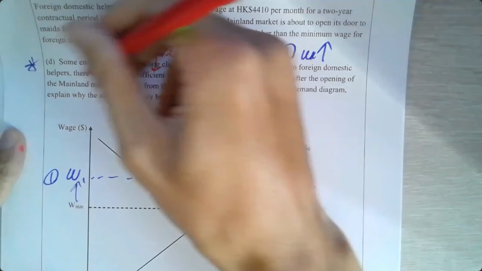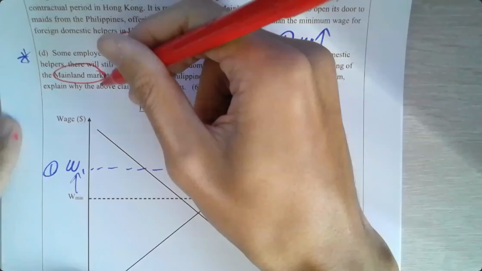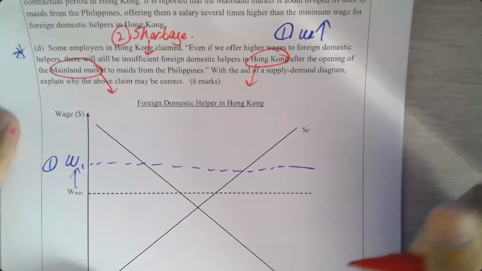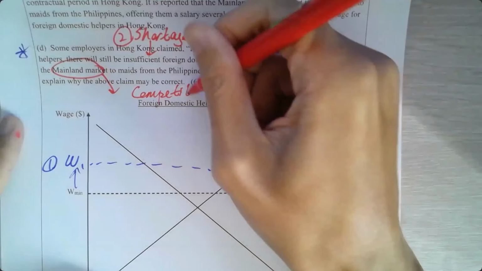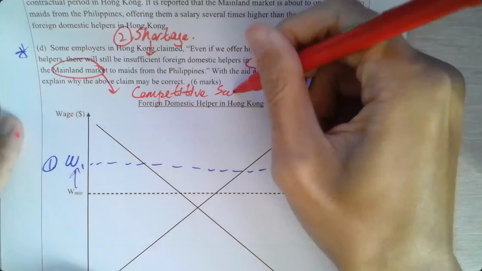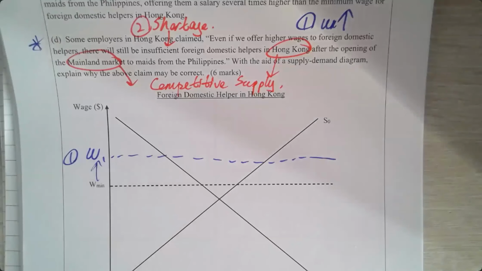Yes. Remember, the mainland market and the Hong Kong market, what are the foreign domestic helpers facing? They are in a competitive supply relationship. If they go to Hong Kong they cannot go to the mainland, and if they go to the mainland they cannot go to Hong Kong. So they are fighting for the same resources.